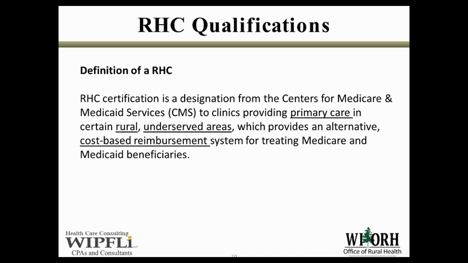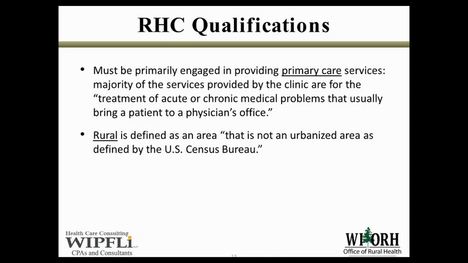And those clinics who qualify need to be providing essentially primary care services in certain rural underserved areas. And if they meet the requirements and pass the certification, they are entitled to receiving an alternative cost-based reimbursement system for treating Medicare and Medicaid beneficiaries. And we're going to talk a little bit about each of those various qualifications or requirements.